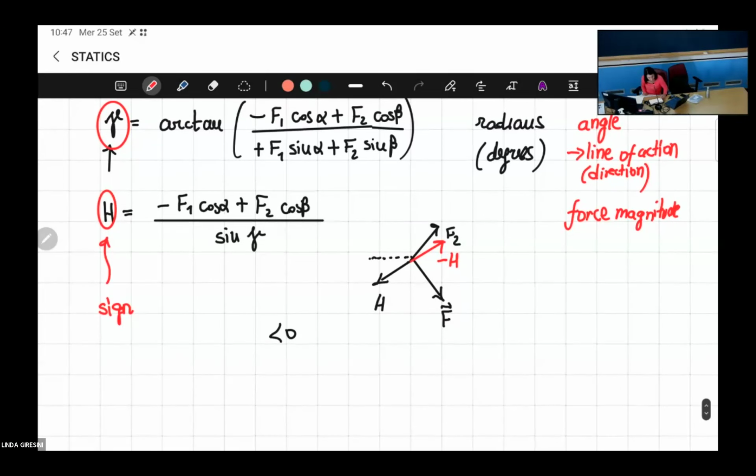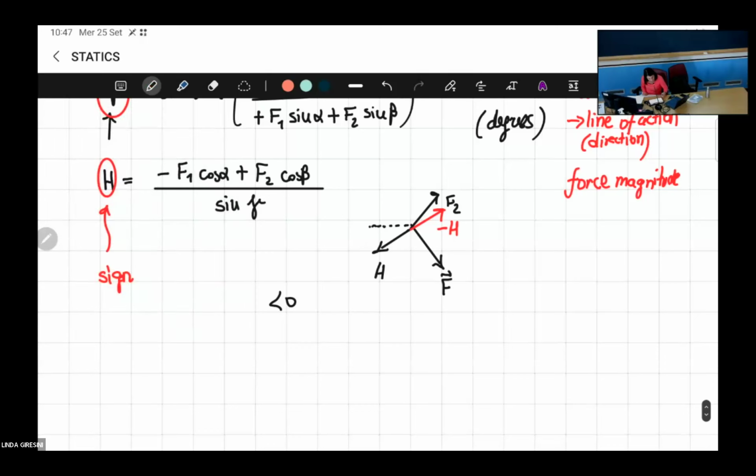So the example that I prepared is F1, the magnitude. As I said, the magnitude means that we take the vector and we take the magnitude, which is indicated with these two vertical bars. I took, let me see, 8 kilonewtons. So a force of 8 kilonewtons, which is 0.8 tons. As we saw yesterday, equivalences are really important. With an inclination angle of 15 degrees.